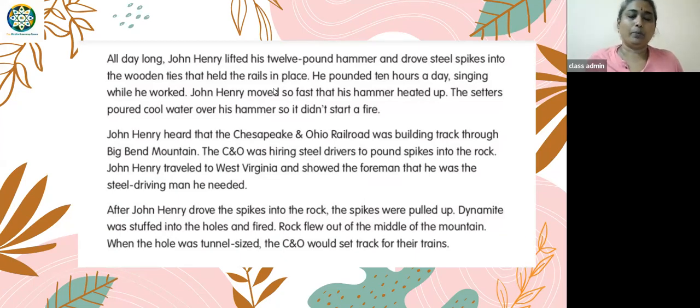Frontman, foreman, supervisor. You know what he is doing, right? He makes small holes in the mountain. They push the dynamite inside and blow up the mountain. So they keep getting holes in the mountain. As soon as a very big tunnel-sized hole is formed, they will put the track so that the train can travel through the mountain.